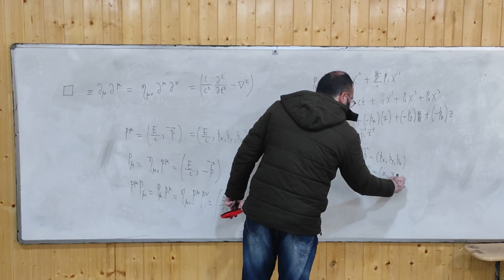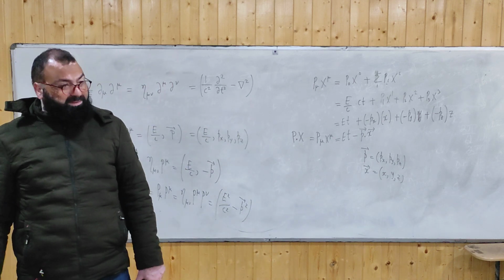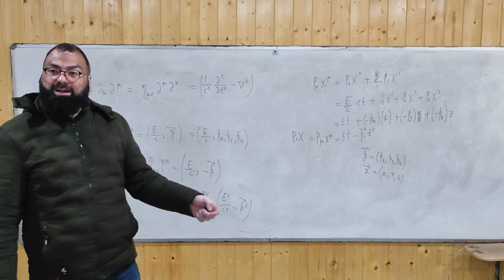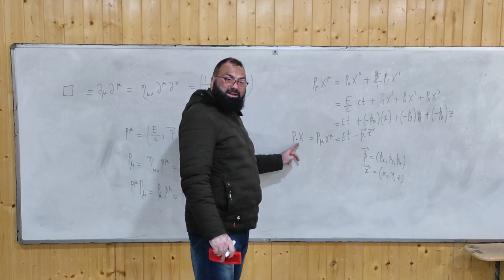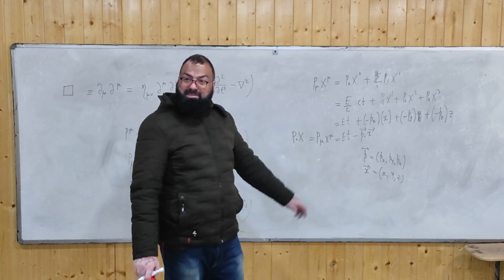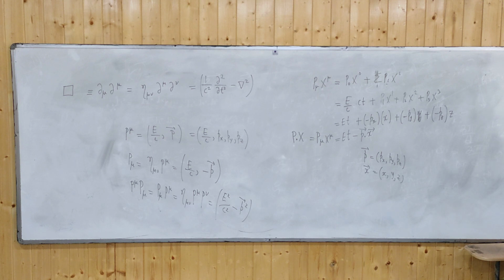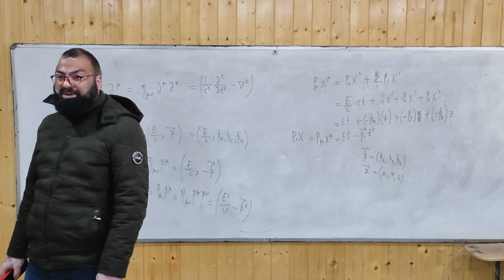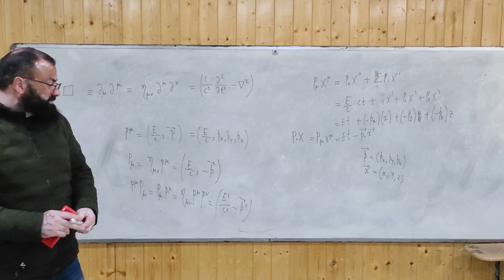When I put the vector notation or a vector overhead, it means it's a 3-vector, so you are dealing with the spatial components of a vector. When I don't put the vector notation, p dot x, it means it's a 4-vector. Clear? So just remember this notation. Okay, so let's go to the Lorentz transformation. This is all we require. Any problem in this notation? Any problem? No. Okay.